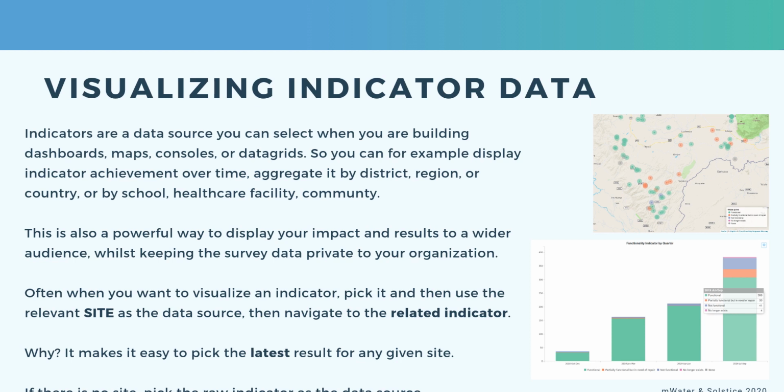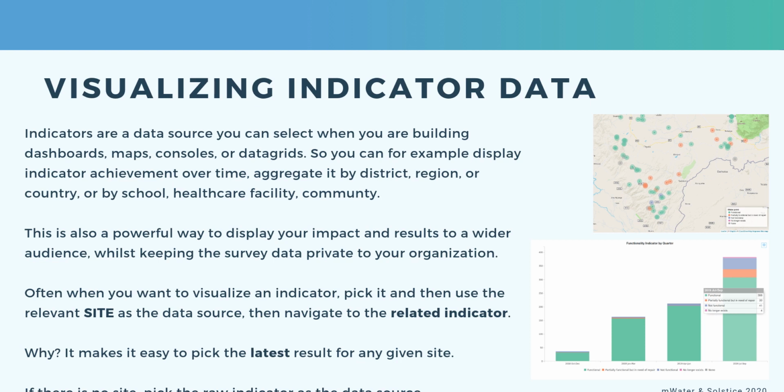Indicators are a separate data source which you can select when you're building dashboards or maps or consoles or data grids. And that makes it easy to display all things about the indicator. For example, achievement over time, or aggregations by district, region, or country. So imagine the percentage of functional water points for a given region.